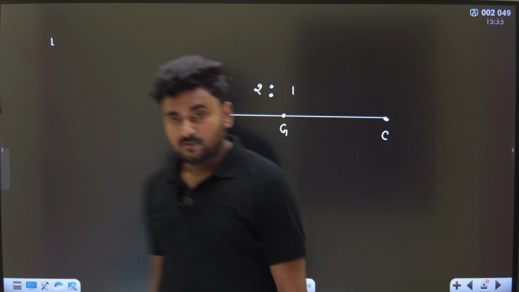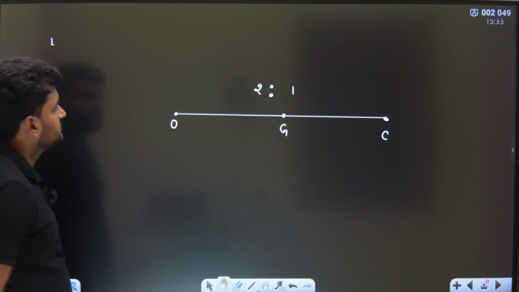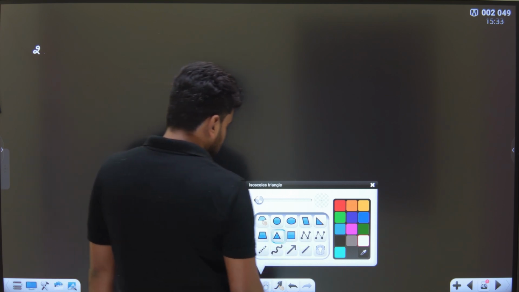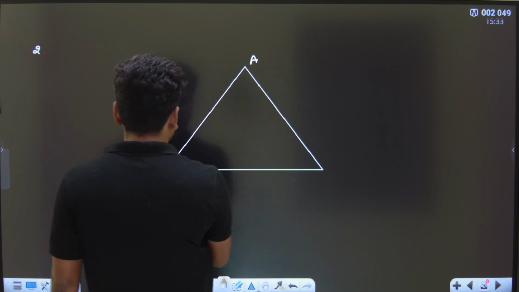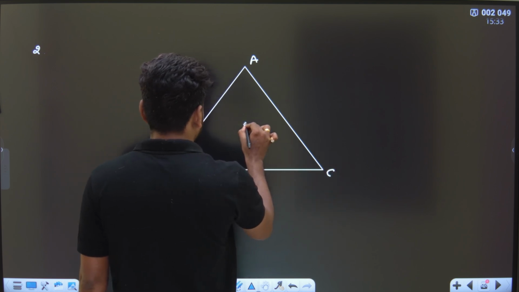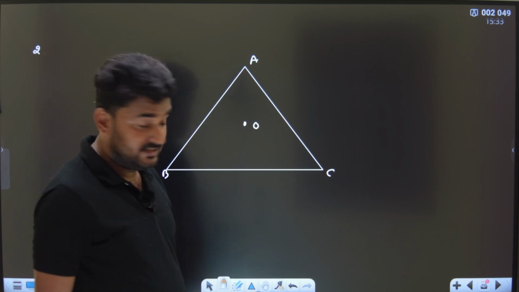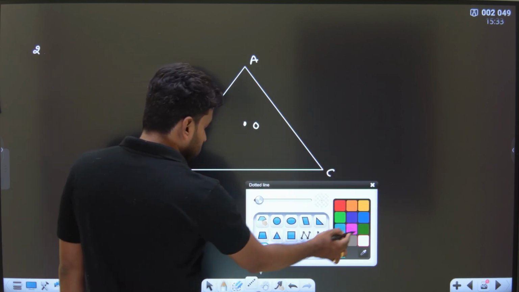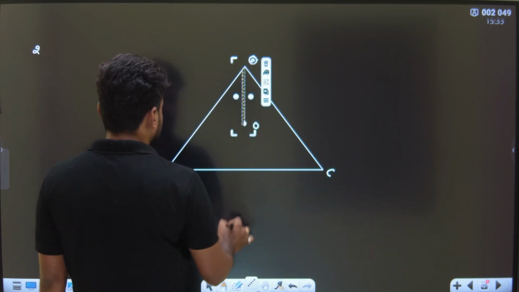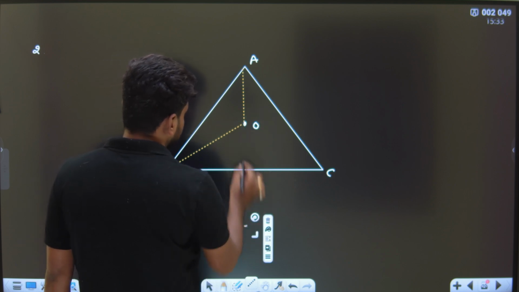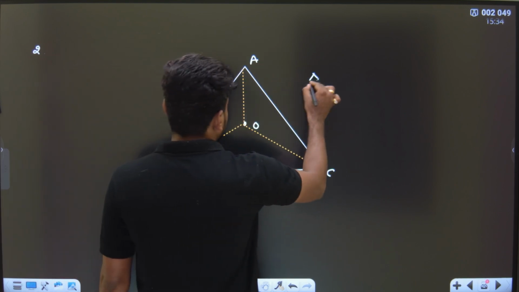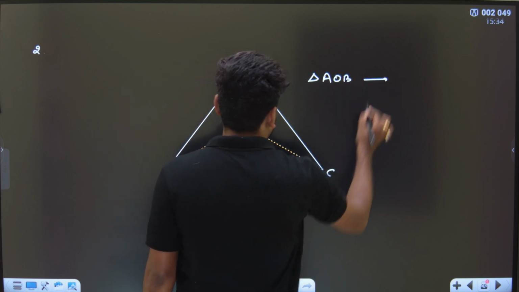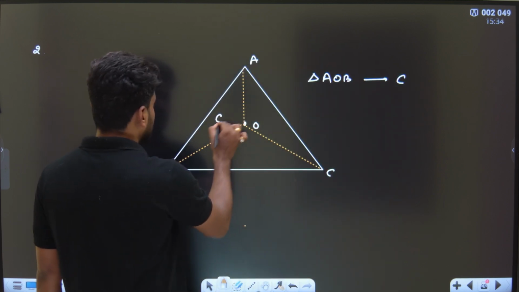Okay, now let us see another property, property number 2. Suppose the orthocenter of triangle ABC is O. Then the orthocenter of triangle AOB will be C. This C will be the orthocenter.